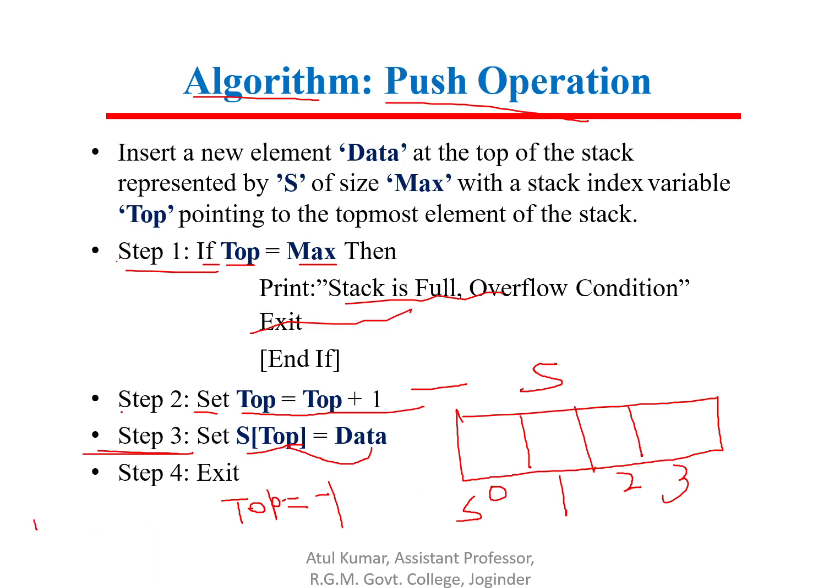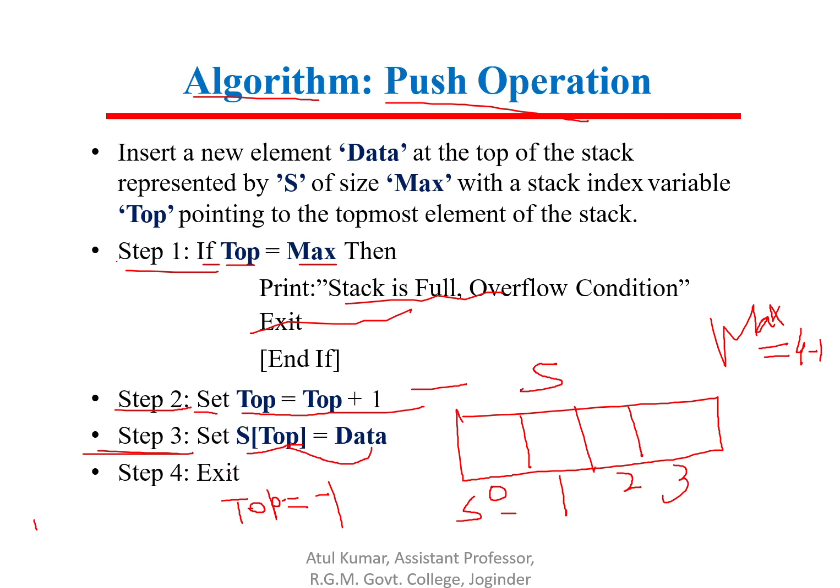Firstly we check whether top is equal to max. Here the size of the stack is 4, so max is 4 minus 1 if the index starts from 0. Here top is not equal to max, as top is equal to minus 1. So we go to step 2.